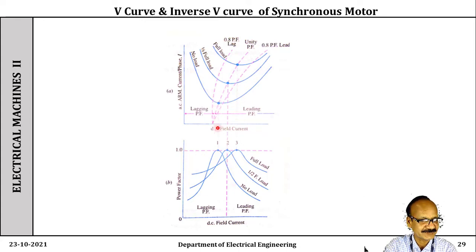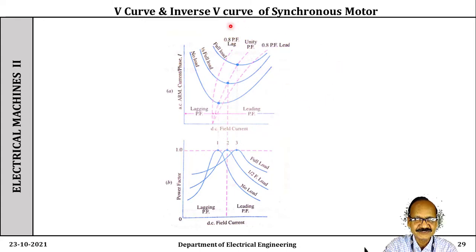And if the excitation is further increased, that is the overexcited case, the motor works on a leading power factor and once again the magnitude of armature current becomes large. Thus, if we plot armature current on the y-axis versus field current on the x-axis, you will get a curve like the English alphabet V, and hence the name.